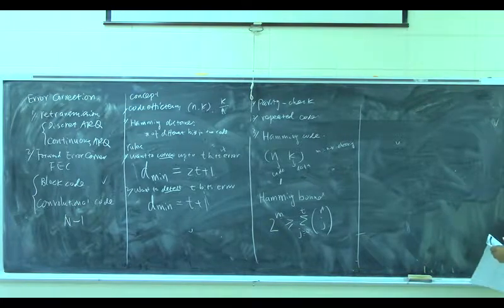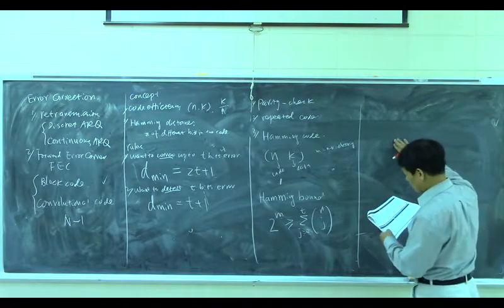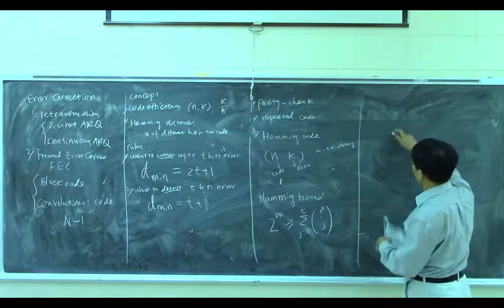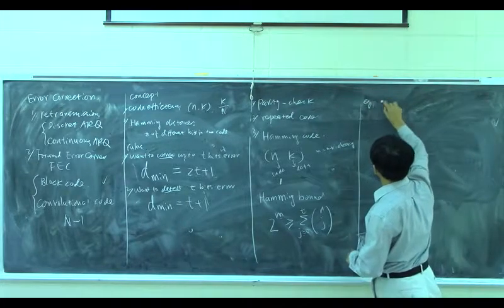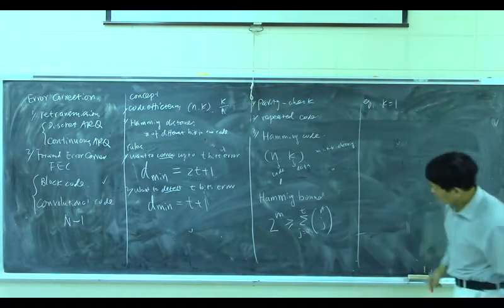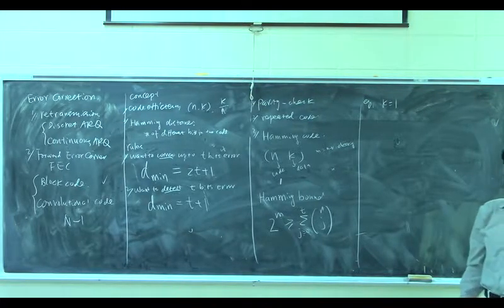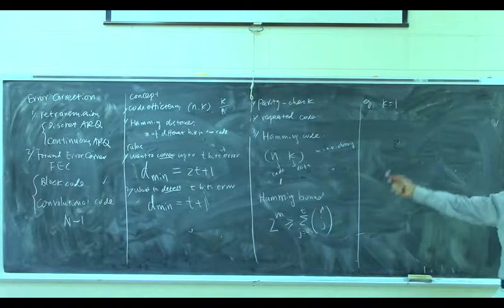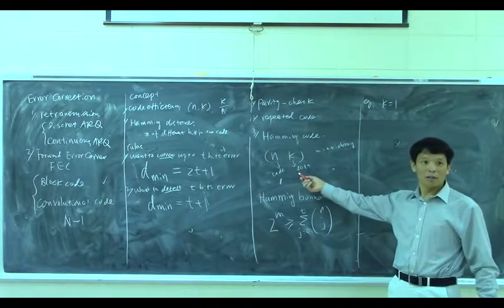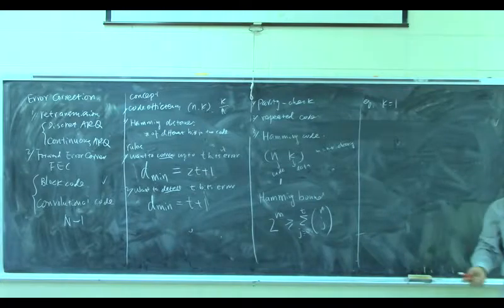Okay, let's discuss some examples here. Suppose the length k, example 1, k equals 1. What does that mean? K is the data, right? So if k equals 1, we can only transmit 0 or 1, that's it.